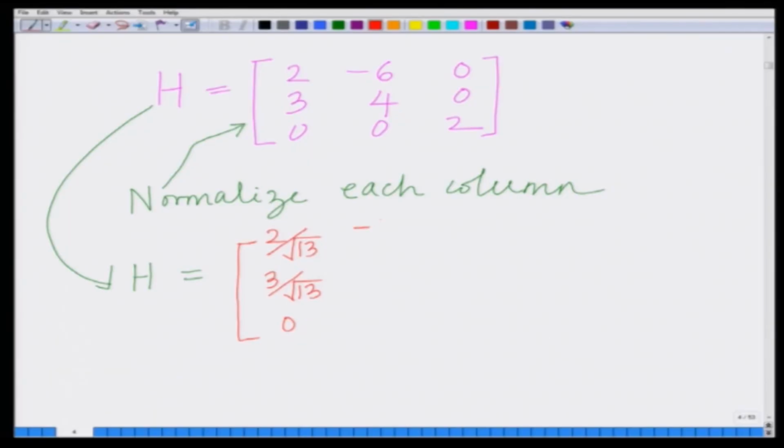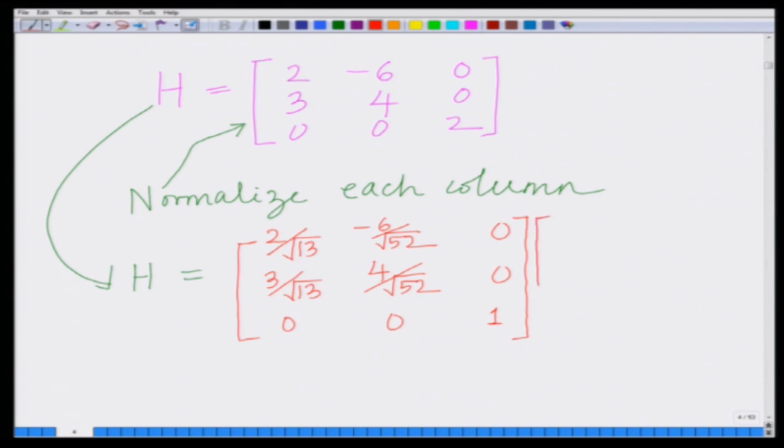So, I will have minus 6 divided by square root of 52, 4 divided by square root of 52, 0 divided by square root of 52, which is 0, and the third column has only one nonzero element 2. So, the norm of this is square root of 2 square, which is square root of 4, which is 2. So, I have 2 divided by 2, which is 1.